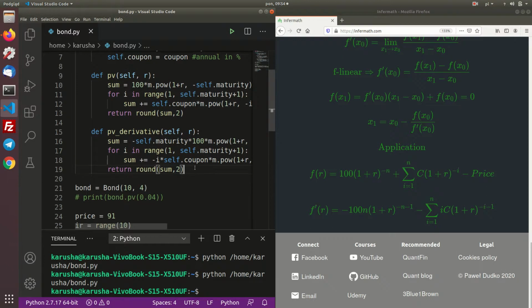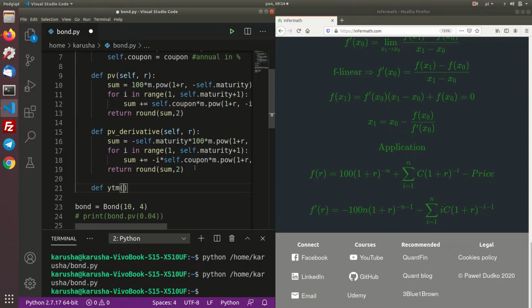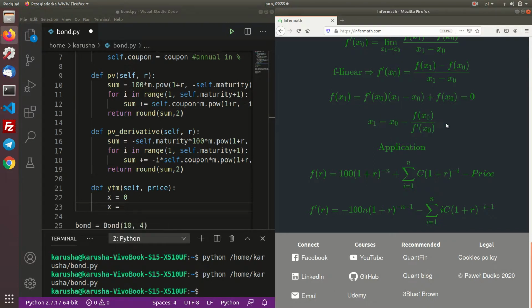So let's define another method, yield to maturity, self, and this time it will take price as an argument because we are calculating yield to maturity based on market price. So let's say that our initial guess is 0, and we're going to improve this guess. We're going to use this relationship here from Newton-Raphson, so this will be x minus f of x.